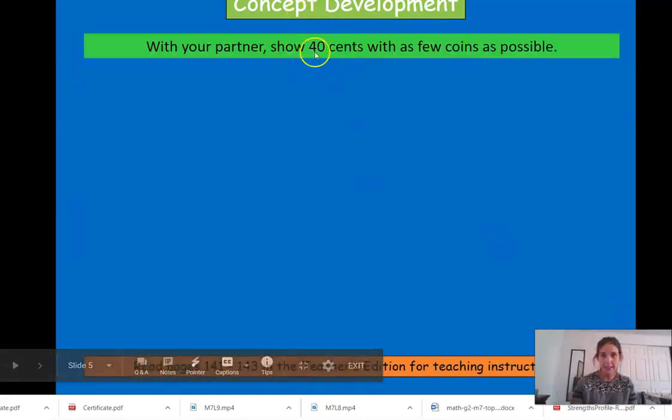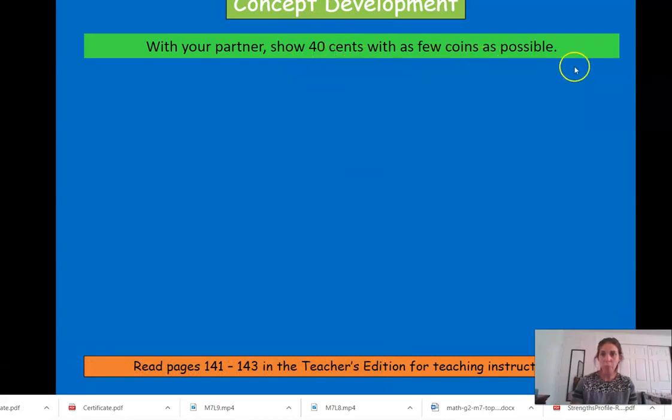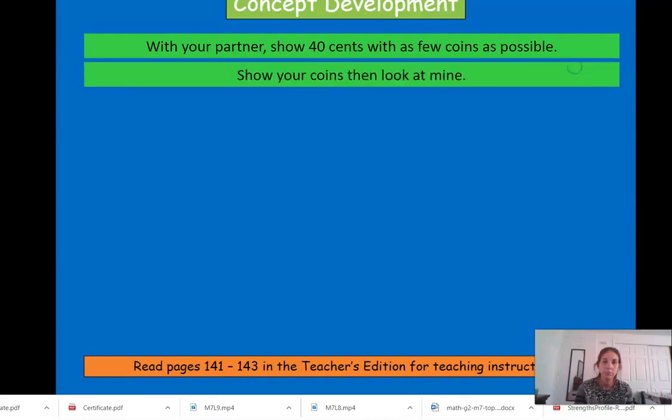Okay, now I want you to try to show 40 cents with the smallest number of coins as you can. So show 40 cents using the fewest coins that you can. Here's the option. 25, 35, 40.